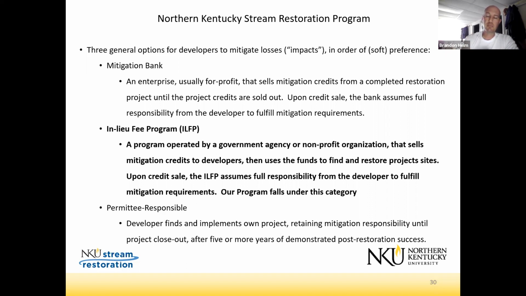The mitigation providers like us create the credits for sale. So a mitigation bank is where all the work is done in one central location, one property, and they create as many credits as they can there. The credits are based on stream length, or linear footage, or acreage if it is wetlands.